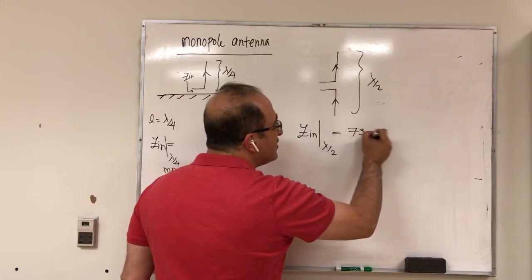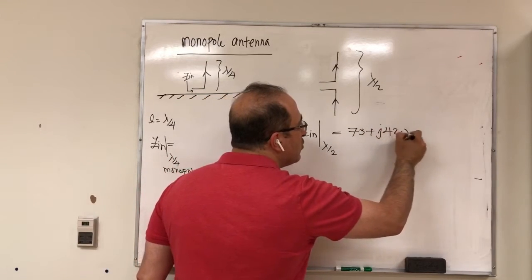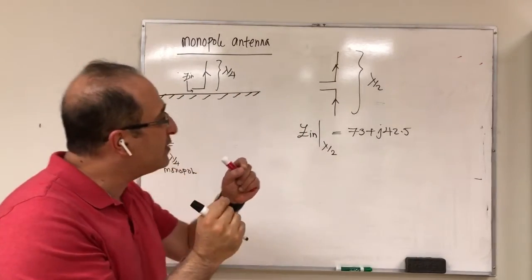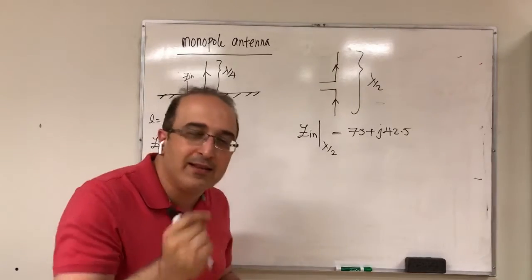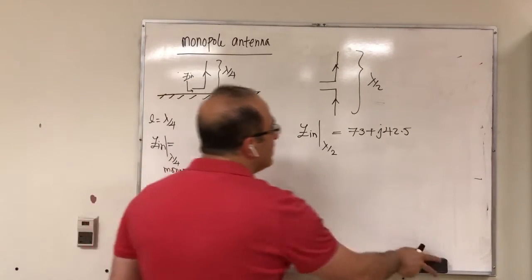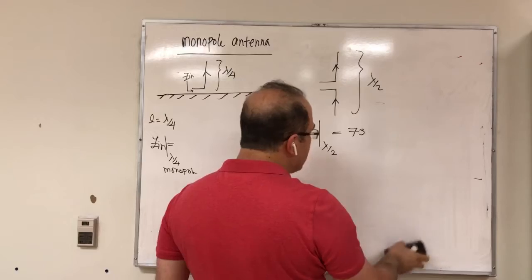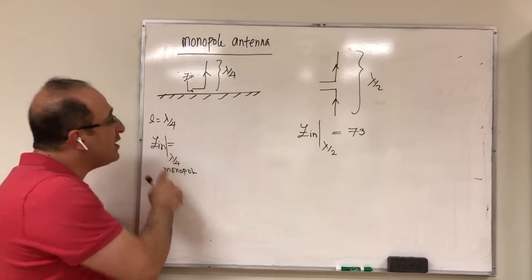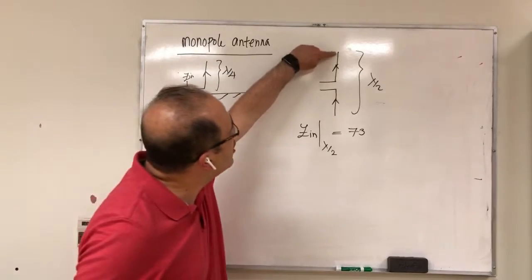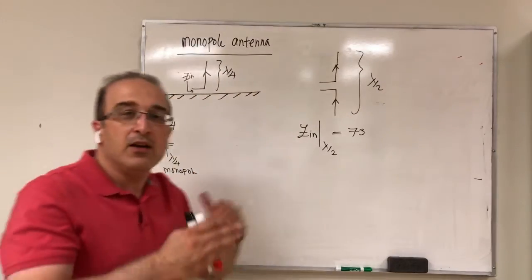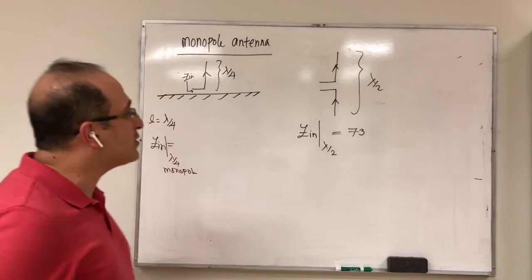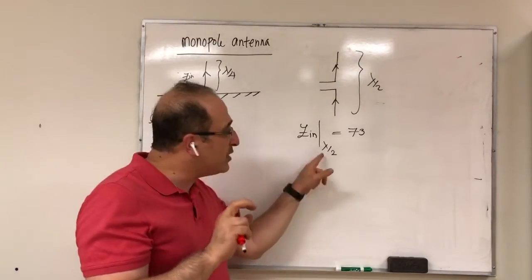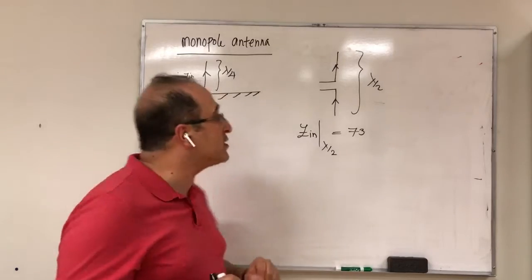It's about 73 plus j42.5. But we've learned that if we cut it a little bit, maybe make it 0.48 lambda instead of 0.5 lambda, this would be gone. So let's assume that we already did that, and the same amount that we cut from here, we also cut from here, so that we have this one-to-one correspondence. So this is Z in of our half wavelength dipole. It's not exactly half, it's a little bit smaller.